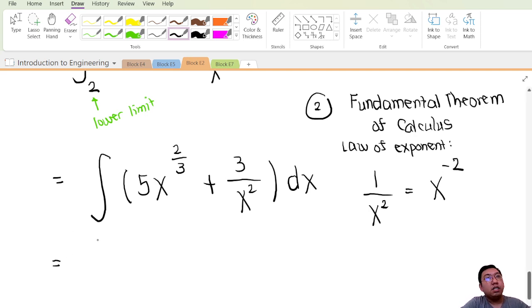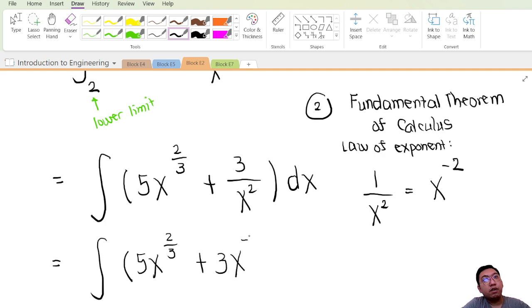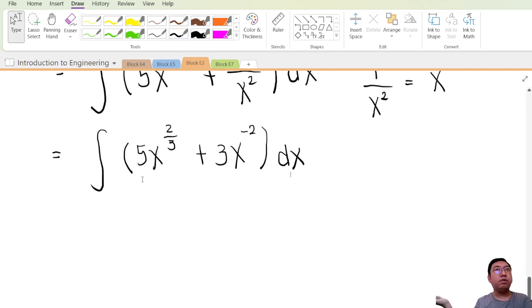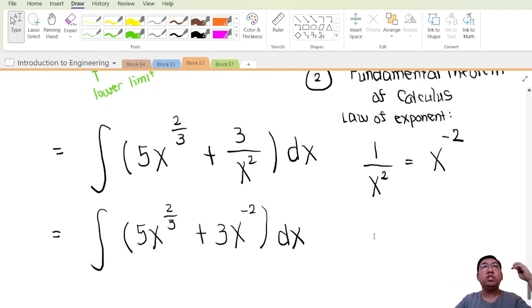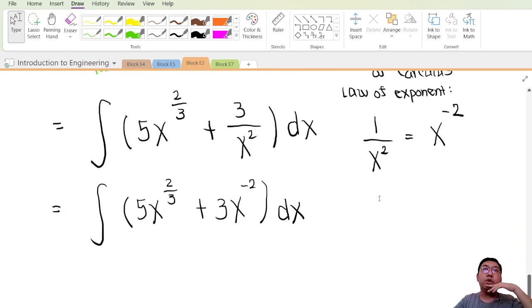So it becomes the integral of 5x to the power of 2/3 plus 3x to the power of negative 2, with respect to x. So simple. You no longer have problems with the denominator since you just applied the law of exponents, flipping it to get its reciprocal.